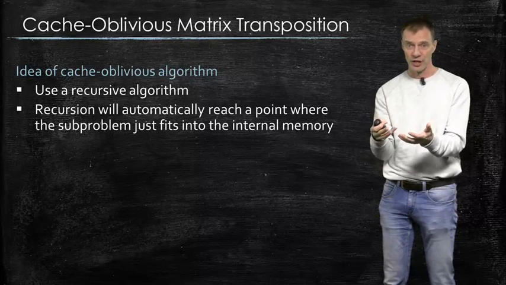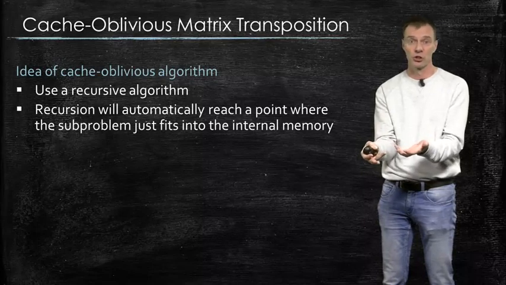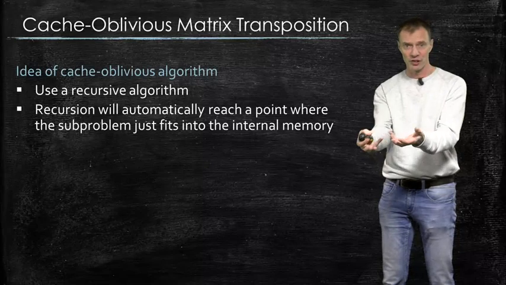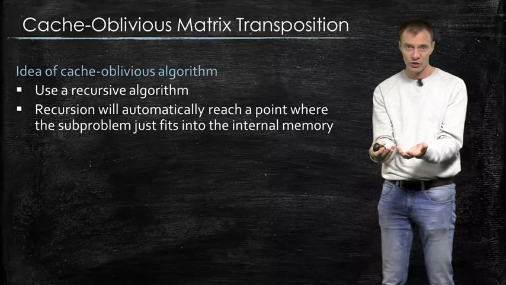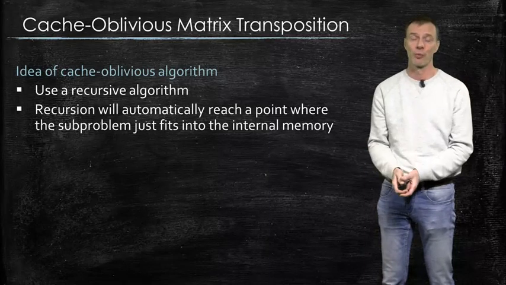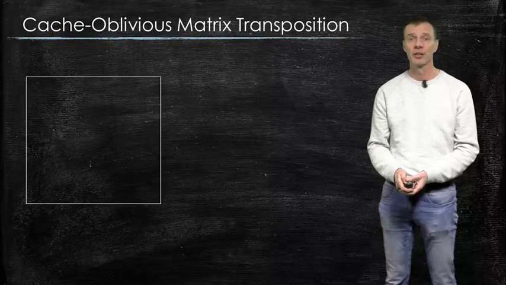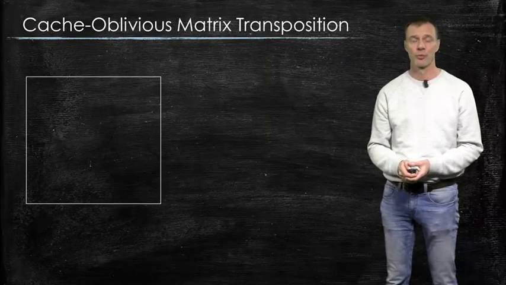After that, the algorithm is going to continue to be recursive, because it doesn't know that now everything fits in the internal memory, but even though you make recursive calls, this is all happening in the internal memory, so no IOs are being done. So this is the plan, and let's see how this works for our matrix transposition problem.